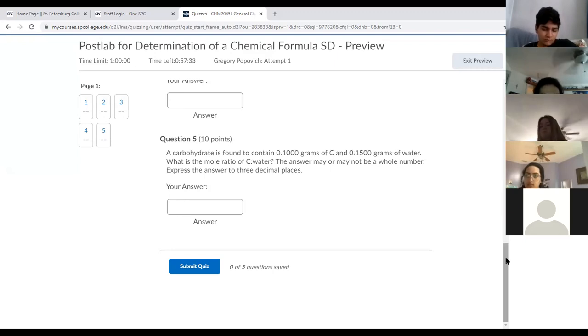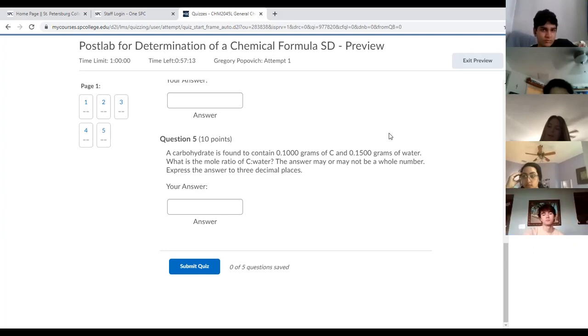When you say the rough number, does that just mean the three decimal places? Yeah, for example, if you do the molar ratio carbon to water here, your answer may end up being 2.156. He wants you to report out to 2.156.